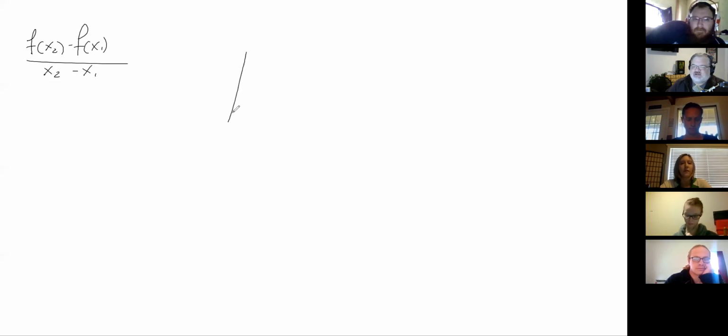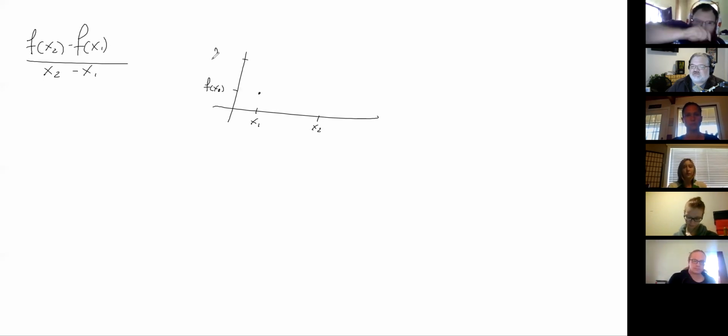Instead of looking at 2 points x1 and x2 and looking at their function values, f of x1 and f of x2, we're going to change this a little bit to have only a single x value.